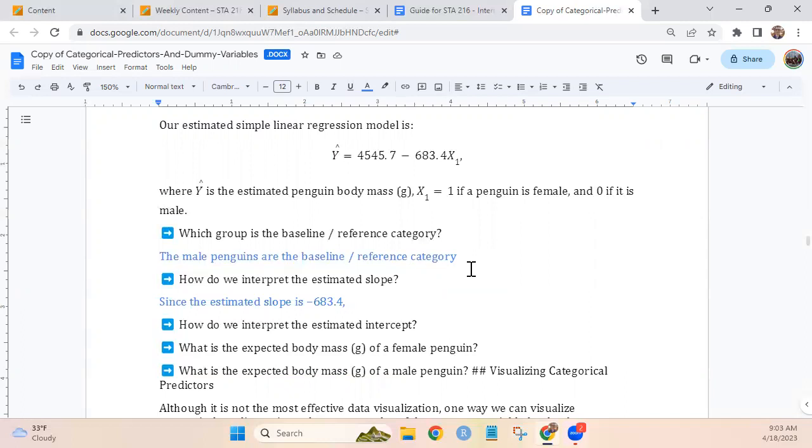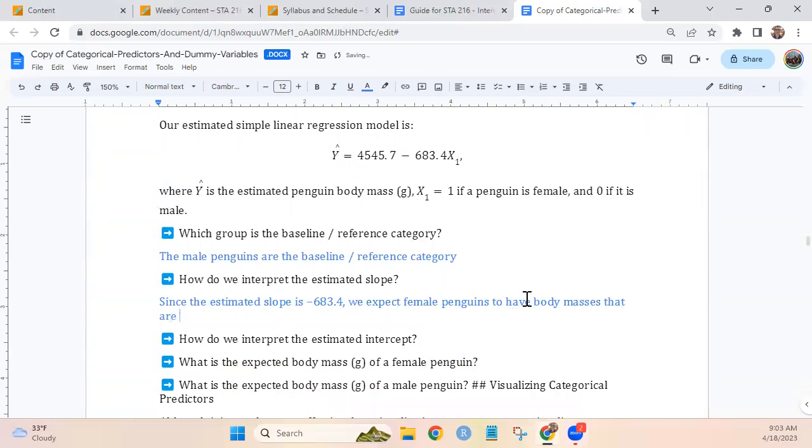So female penguins, we expect female penguins to have body masses that are 683.4 grams lower than that of male penguins, on average. That's how we can interpret that effect.